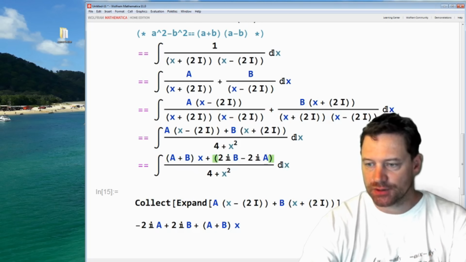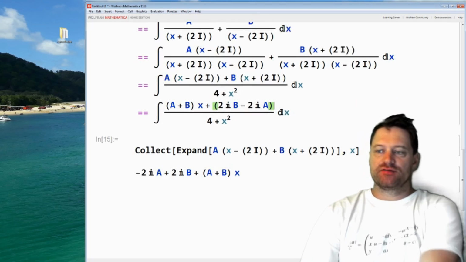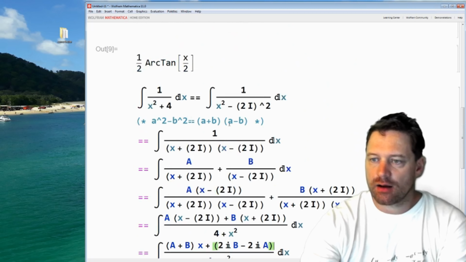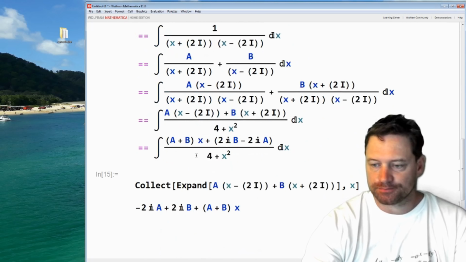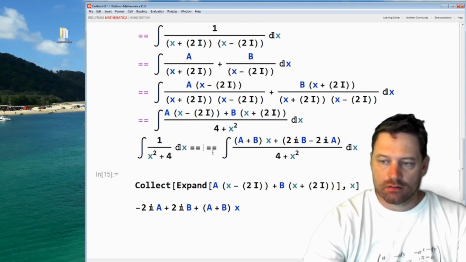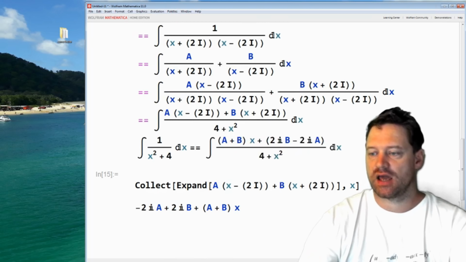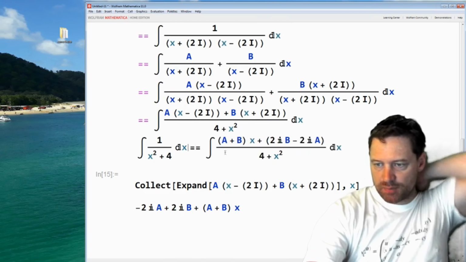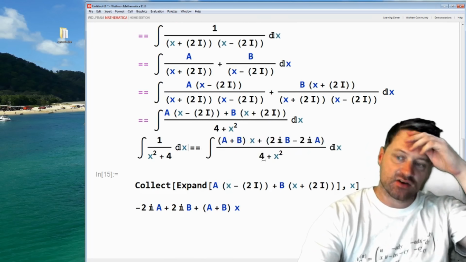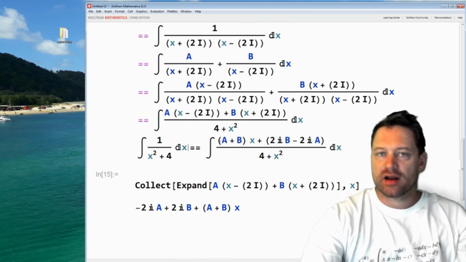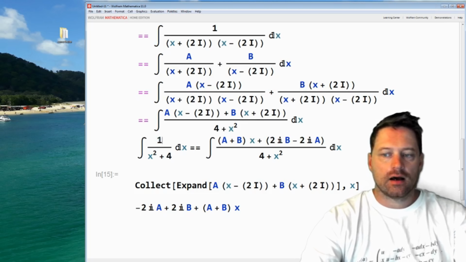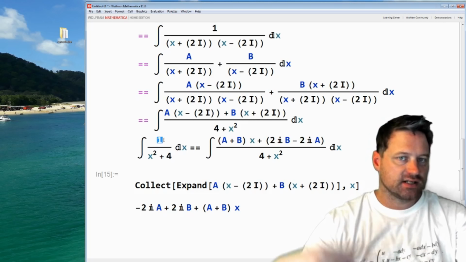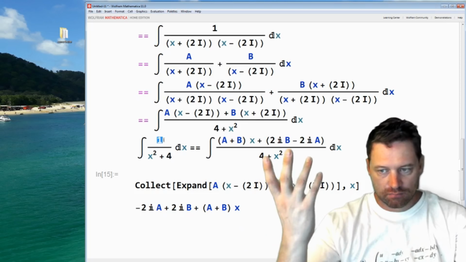Good. So now that we've deduced that, remember we were comparing the two of these. So x squared plus 4 is 4 plus x squared, so that's okay. Now we want to compare the numerators, because this 1 is equal to 0 times x plus 1.